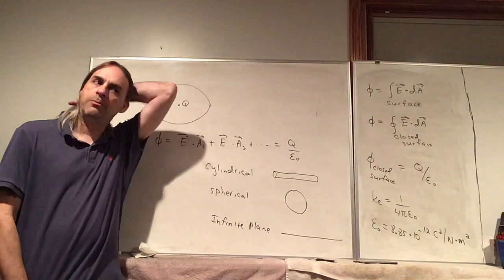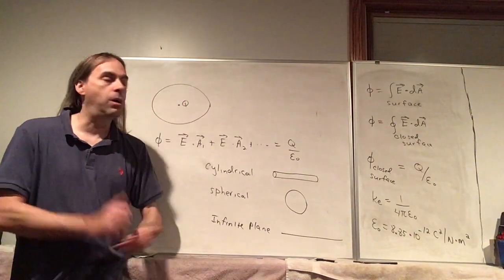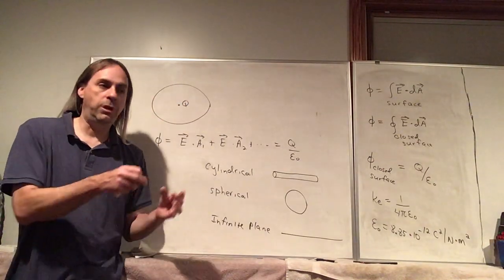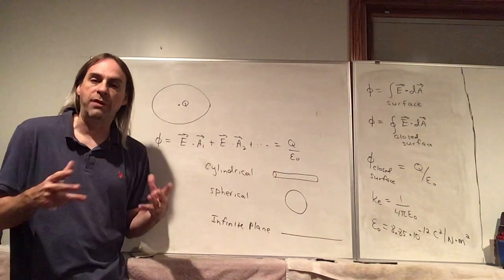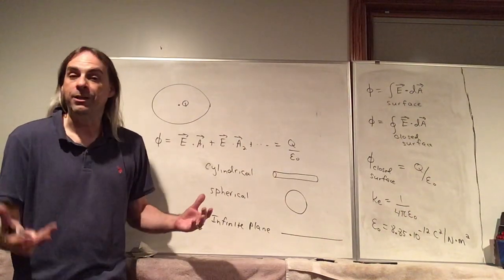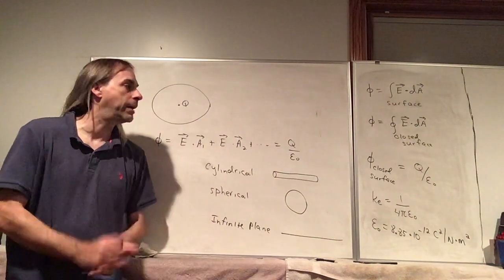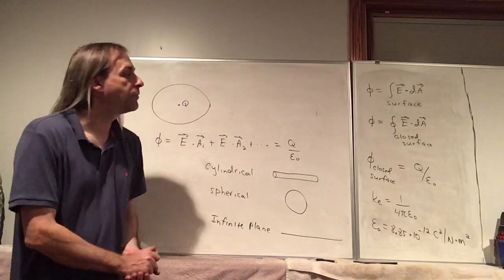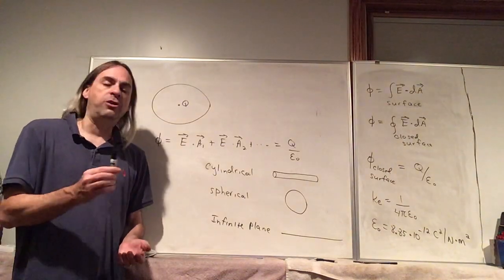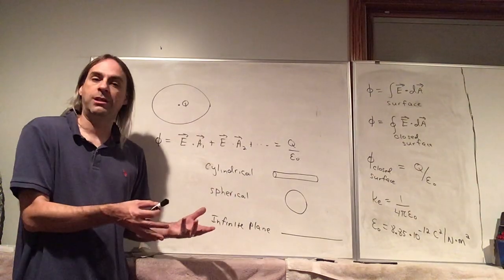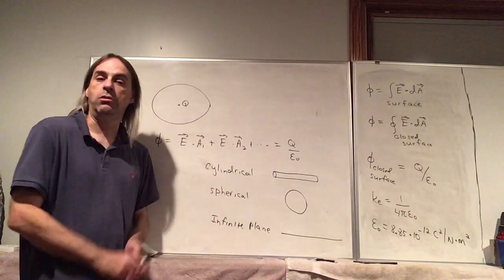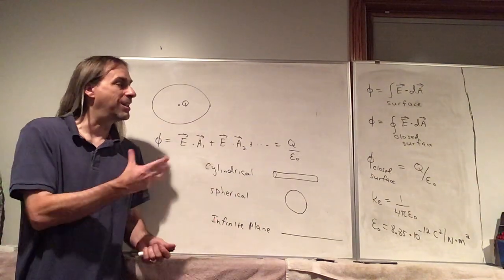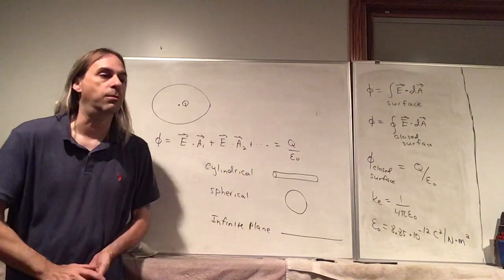That's based on experiments done by Coulomb, and using Coulomb's law, we can derive Gauss's law. Although we didn't do that, it's difficult, but it can be done. Gauss did it. Alternatively, we could start with Gauss's law and derive Coulomb's law. So in a sense, Gauss's law is equivalent to Coulomb's law.